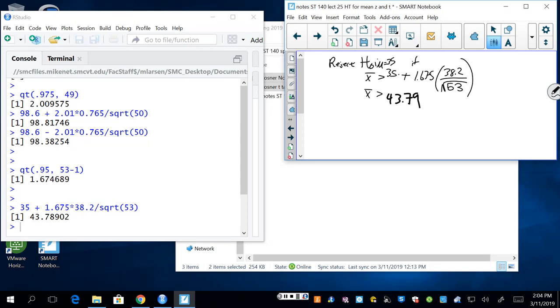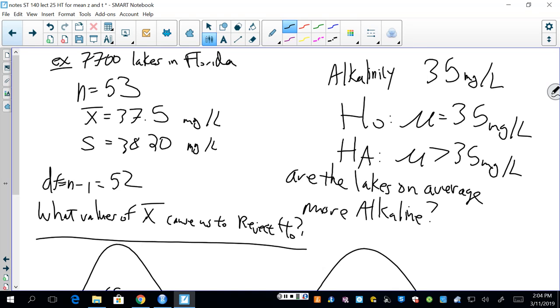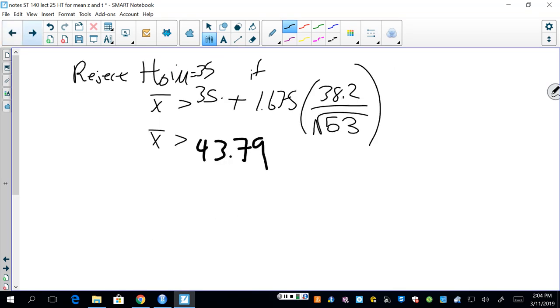What do we actually get? In this case, we actually got 37.5. So it's greater than 35, but it's not so far out there. So we do not reject.